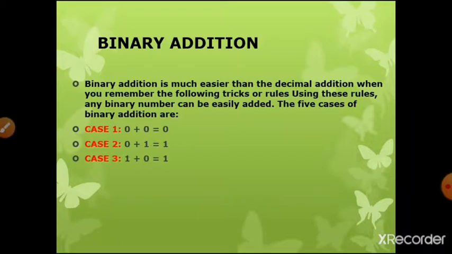In case 3, 1 and 0, you get sum 1 and carry 0. In case 4, if you are adding two ones, you get sum 0 and carry 1. In case 5, if you are adding three ones, you get sum 1 and at the same time carry 1.